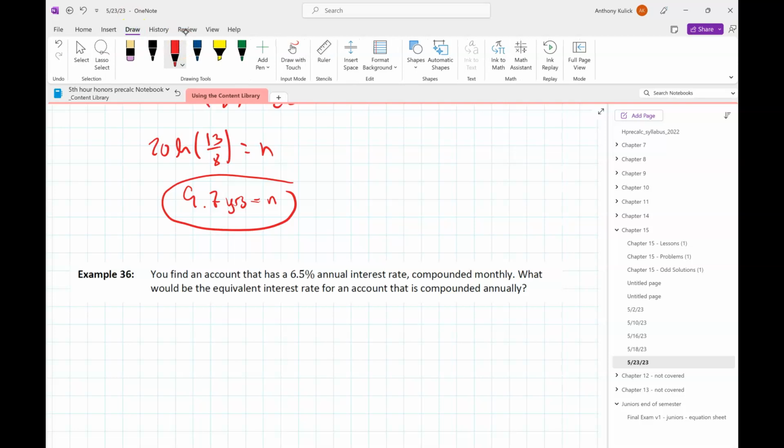So we have a 6.5% annual interest rate compounded monthly. And we want the equivalent interest rate that would be compounded annually, right?